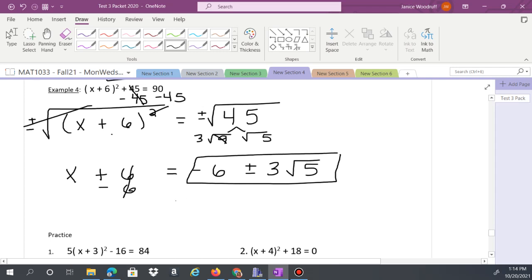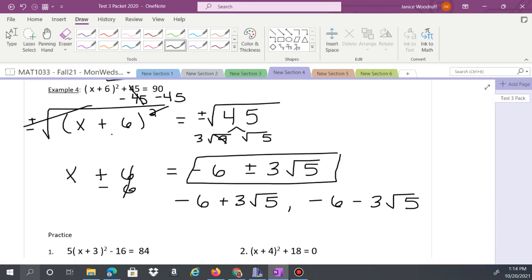If you are forced to separate them, you can write -6 plus 3 root 5, -6 minus 3 root 5. Okay, so try that with these two problems here, and then we'll go over them.